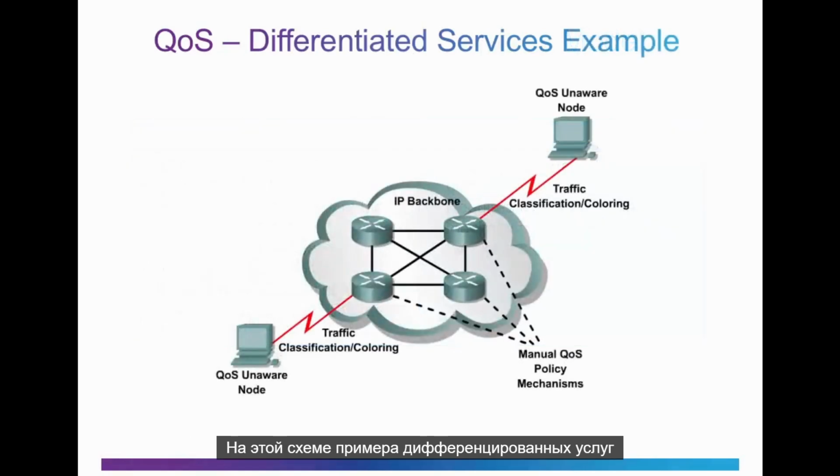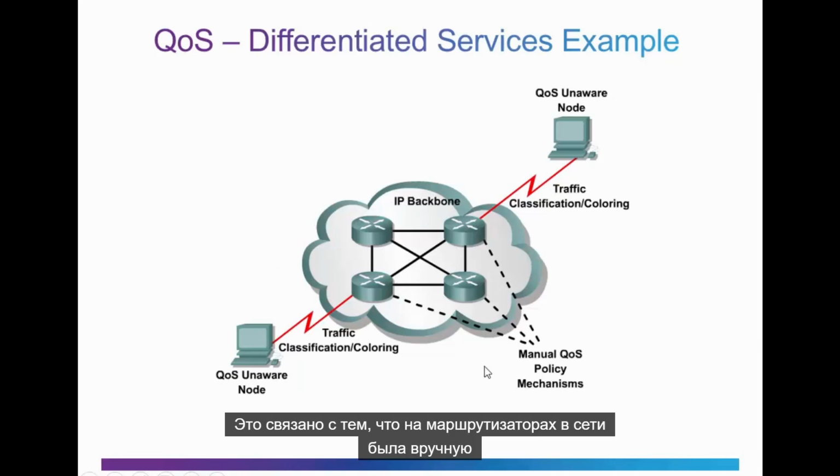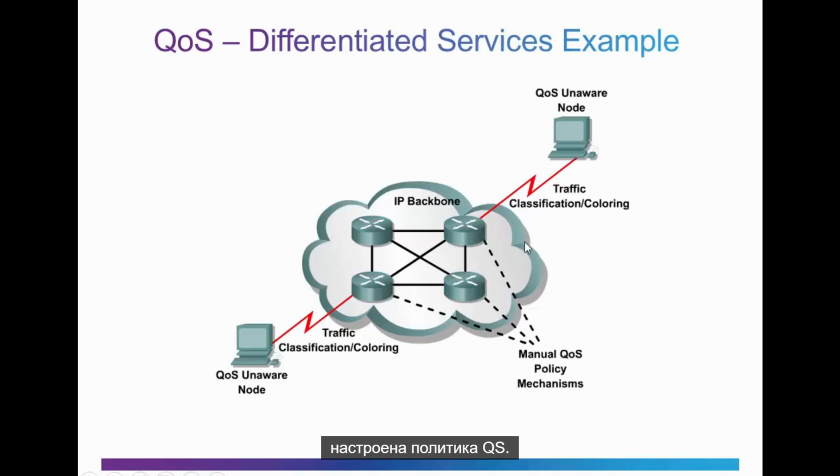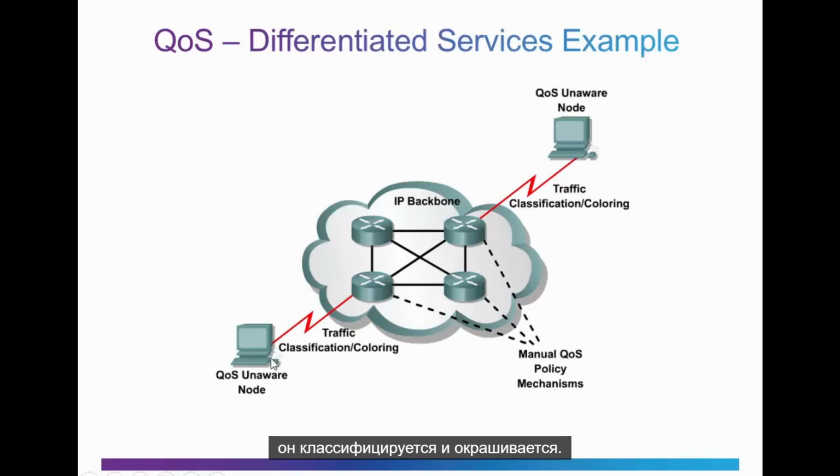In this diagram of a differentiated services example, you can see that the QoS nodes are unaware that QoS is being implemented across the network. That's because a manual QoS policy has been configured on the routers in the network. Notice that as traffic goes across the network, the traffic is classified and colored.